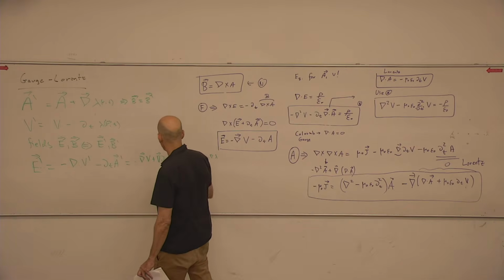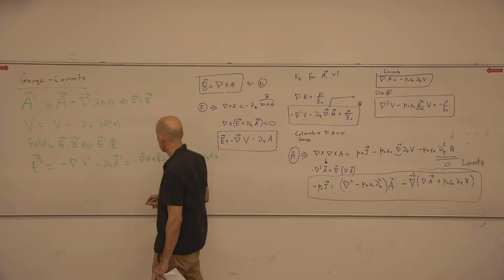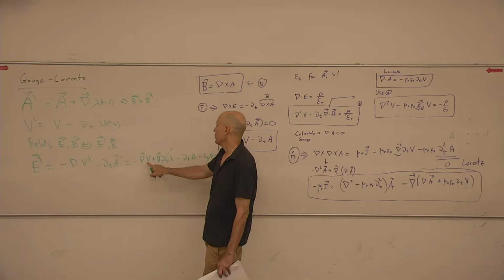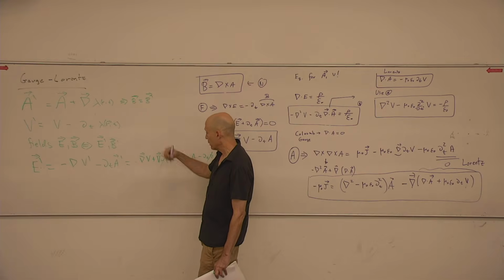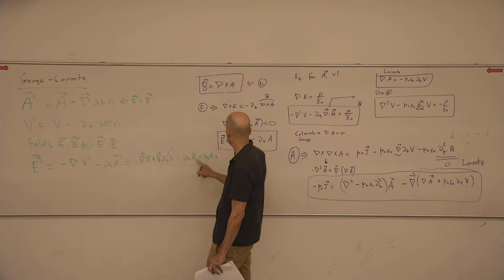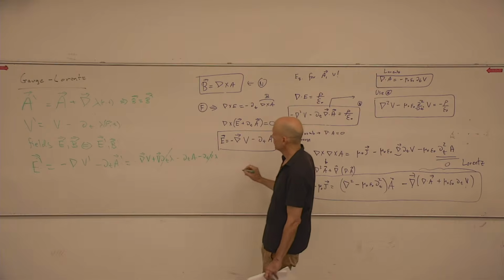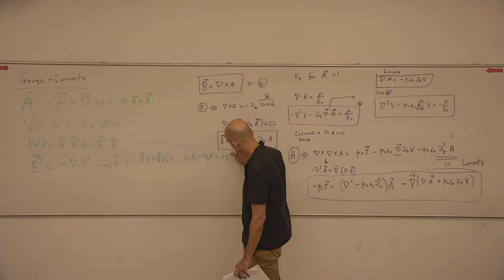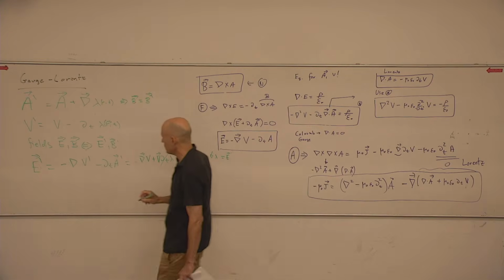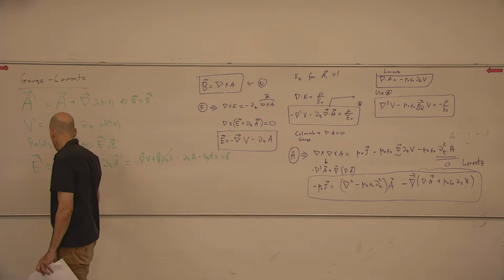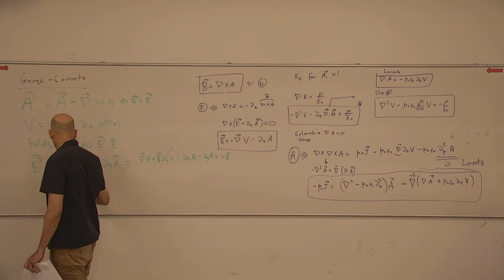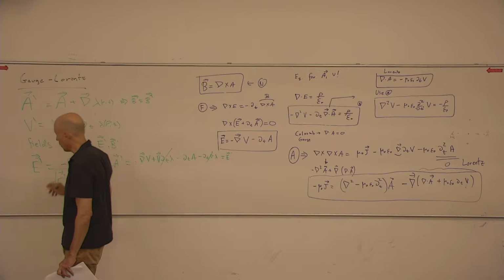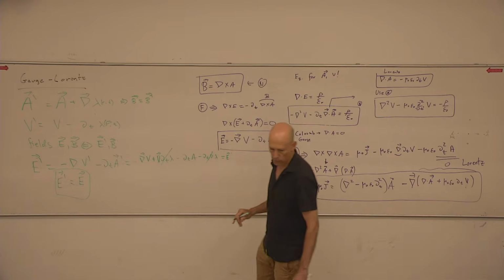You see these two terms simply cancel, and what do I have here? Minus del of the previous potential V, and minus d dt A. That is exactly simply E. So we see that with this transformation, E prime is equal to E, and that's why you are always allowed to take this gauge transformation.